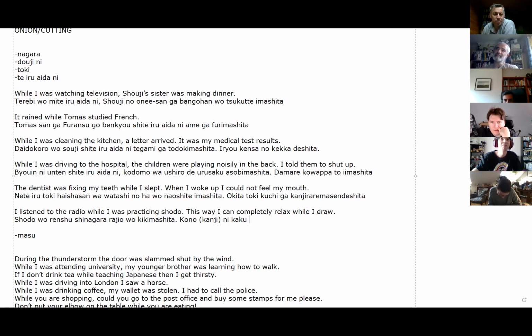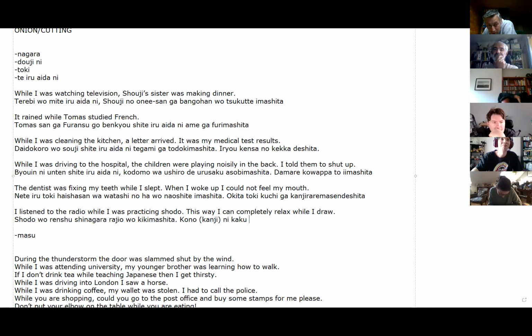This is 書くとき. 書くとき is okay. 同時に suggests that this relaxing and this drawing happens in a moment, like in a second. So toki is fine. Aida ni is fine. But this also looks like a nagara sentence to me.